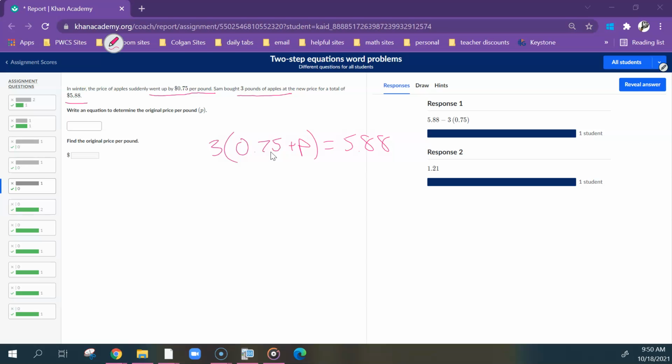And then to find the original price, we would solve this for P. I don't have my calculator up, so I'm going to have you guys help me. What's 3 times 0.75? I feel like I know the answer to that. 2.25. This is what I was thinking. And then to get P by itself, we would subtract.